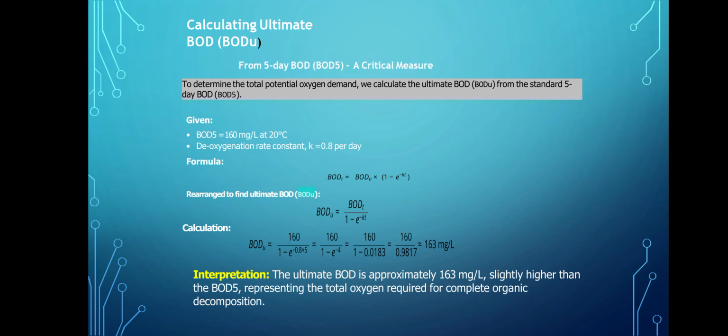Okay, so here BOD5 is given, so we need to deduce the ultimate BOD. After calculation, the ultimate BOD is approximately 163 milligram per liter, slightly higher than the BOD5, representing the total oxygen required for complete organic decomposition. So this is one type of example of a mathematical problem related to BOD.